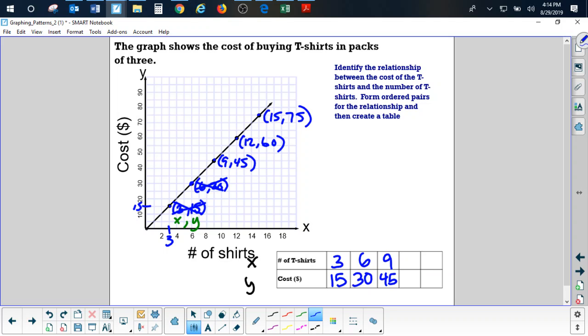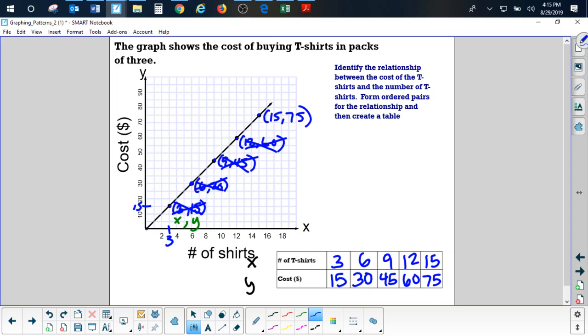My next one's going to be 12, 60. And the last one's going to be 15, 75. So at this point, we have taken the information from our graph, turned it into coordinate pairs, and put it into a table. We could follow the sequence and extend it if we needed to.